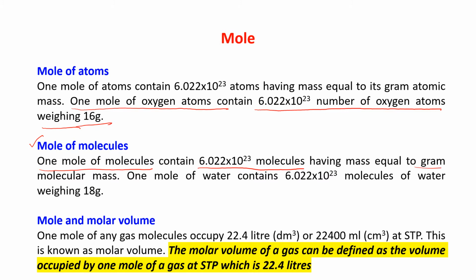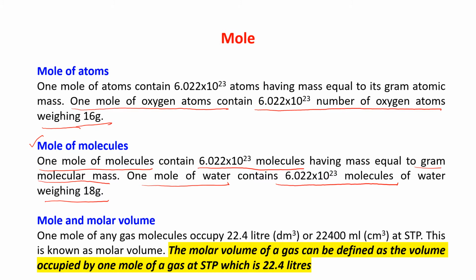For example, 1 mole of water contains 6.022 into 10 to the power 23 molecules of water, and its weight is 18 gram. So 1 mole of water has a mass of 18 gram, and it contains 6.022 into 10 to the power 23 molecules.